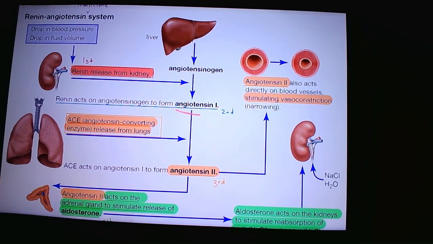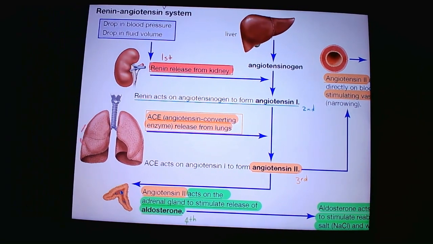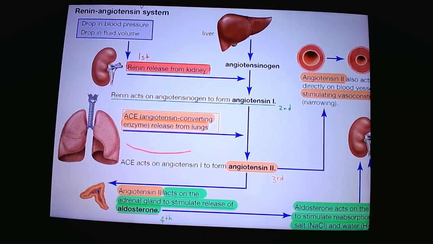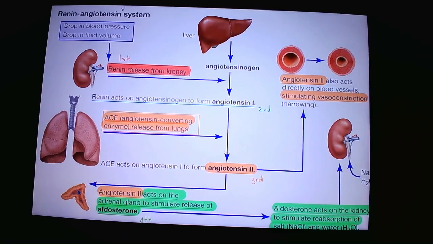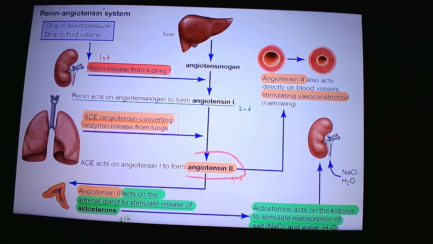Now we have angiotensin 1. When angiotensin 1 goes to the lungs, which is an interesting fun fact, all our ACE enzymes are in the lungs and they go with each other, right? So angiotensin 1 plus ACE equals angiotensin 2.